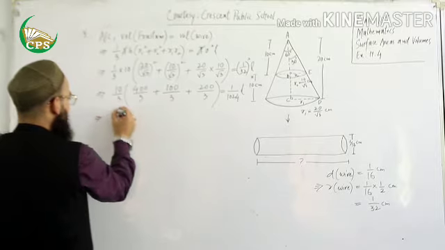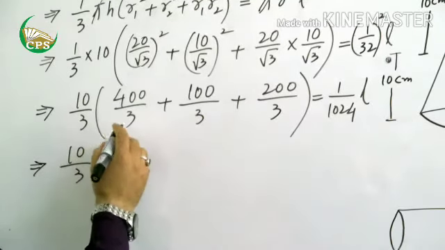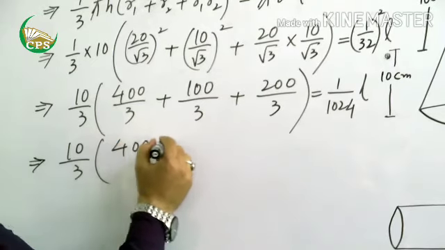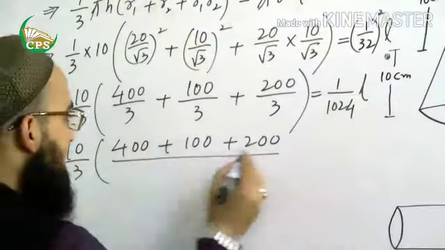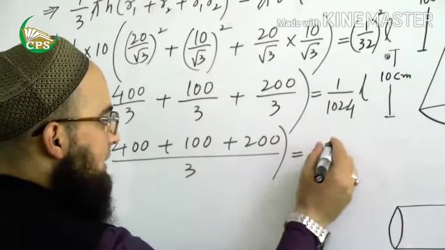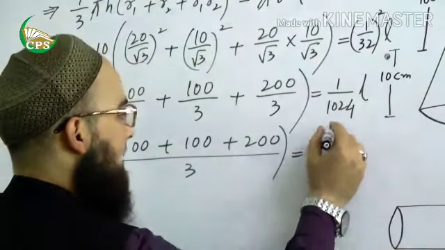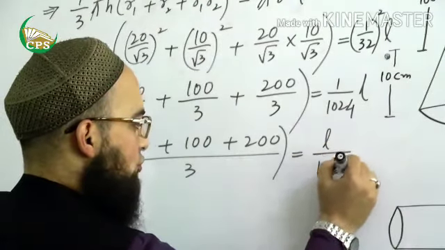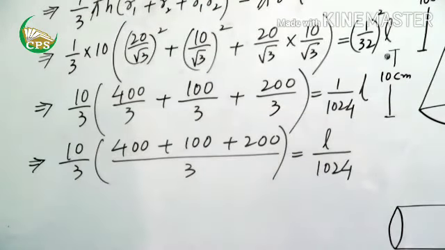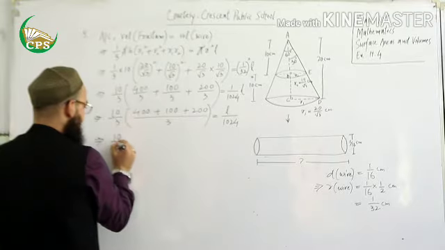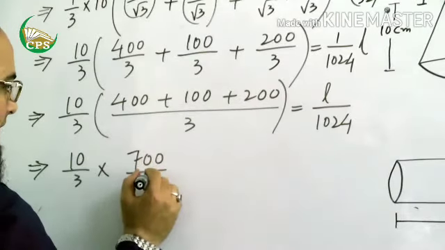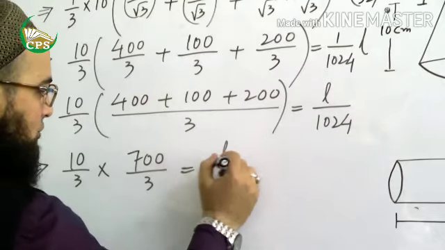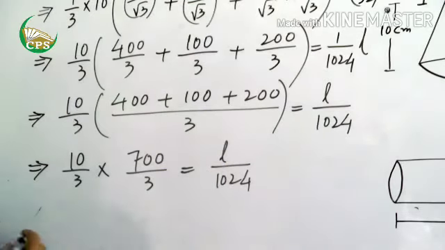Which implies that then I have 10 divided by 3 times, now the common denominator, so I can write 400 plus 100 plus 200 divided by 3 is equal to L divided by 1024. Got it? Then I can go, which implies that 10 divided by 3 times 700 divided by 3 is equal to L by 1024.